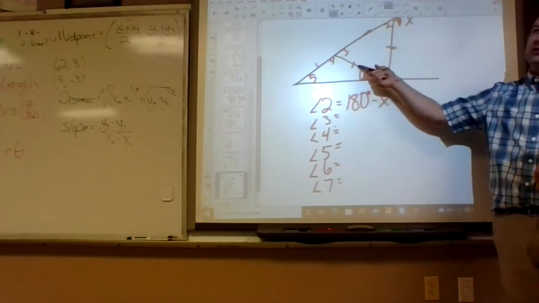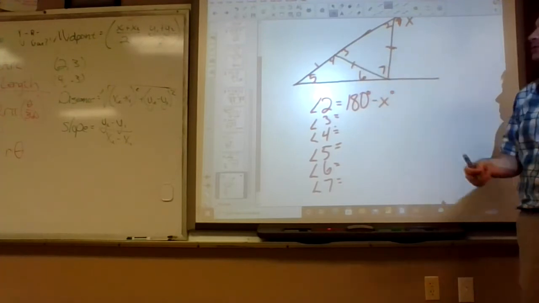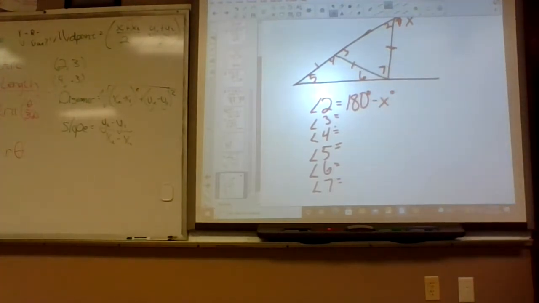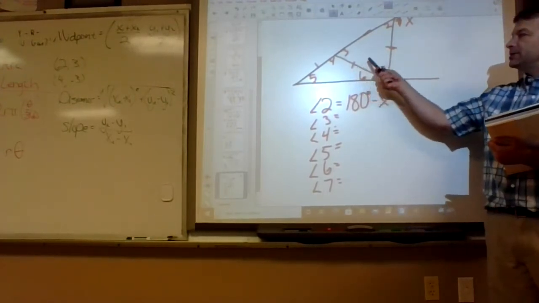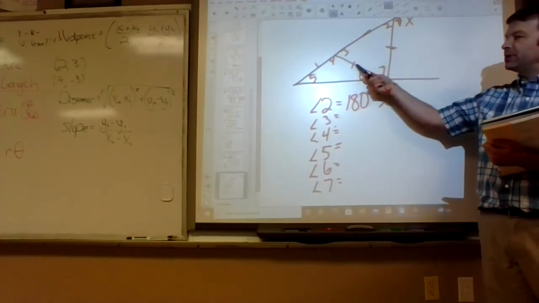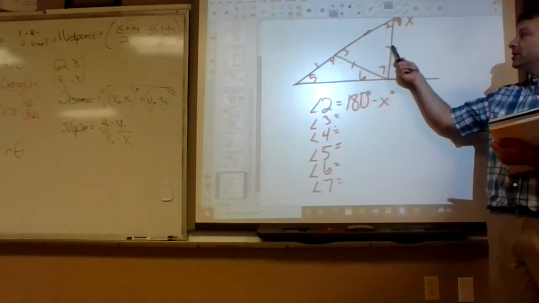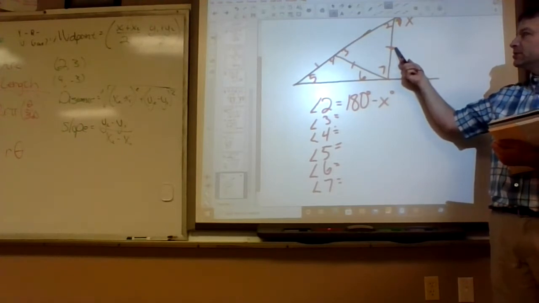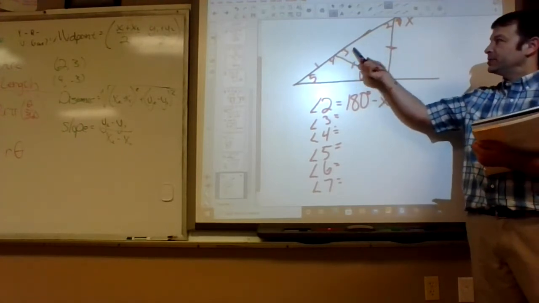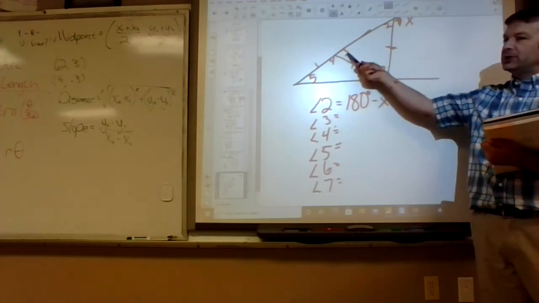So what do we know about isosceles triangles? That if the sides are congruent, the base angles are congruent. An isosceles triangle, which this is, if we got two congruent sides, the base angles are congruent. What are the base angles in this picture? They're across from the congruent side, so 2 and 3 are the base angles.